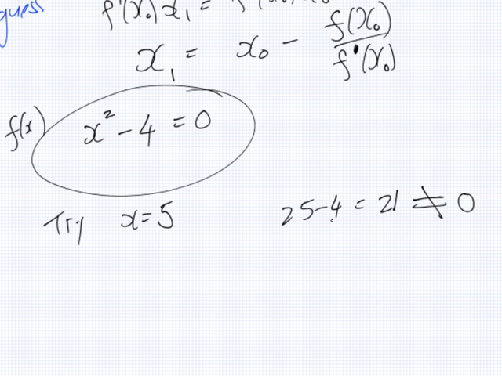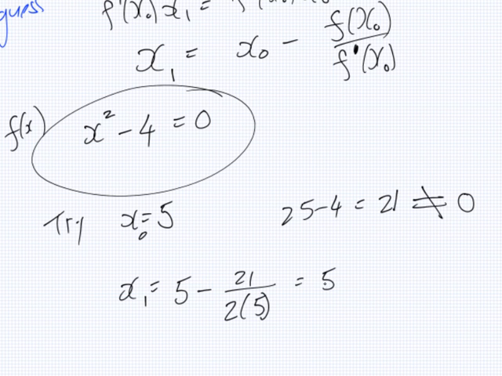But Newton said, well, we have a better value now for our next guess. So we tried this, but now instead we should try, according to this formula, 5 minus 21 over the derivative. What's the derivative here? 2x, and the x we said was 5.